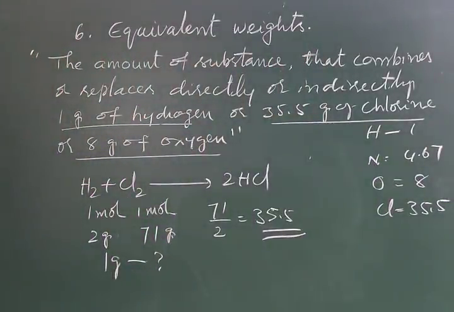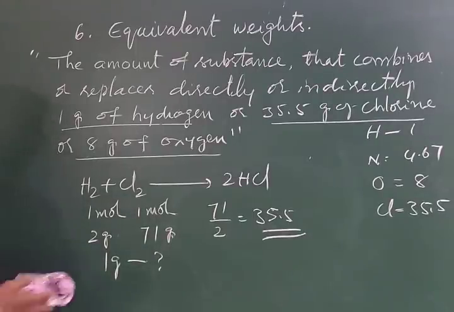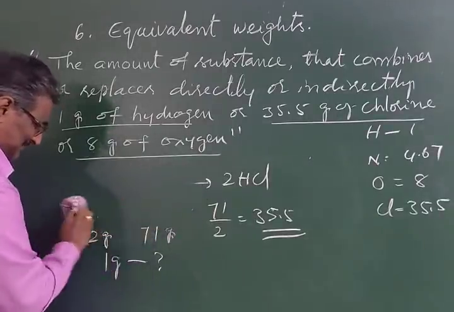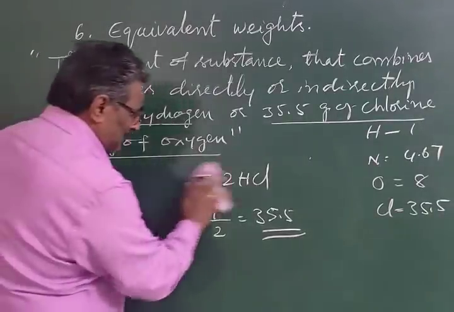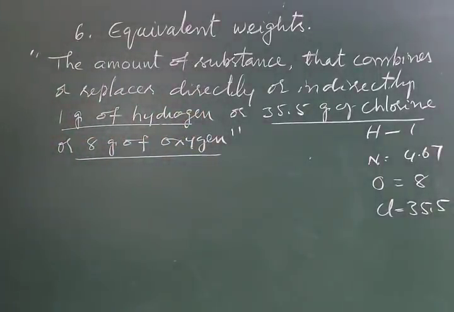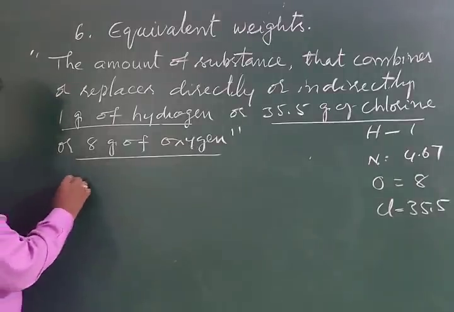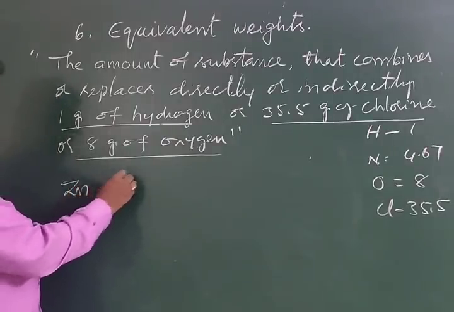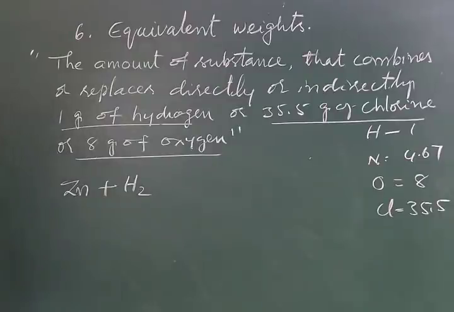Sometimes a substance or element may not react with hydrogen. For example, zinc plus hydrogen: zinc doesn't react with hydrogen. So how can we define the equivalent weight of zinc?